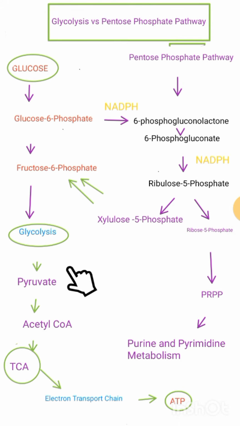pyruvate, which can be broken down to acetyl-CoA, which can combine with oxaloacetate in the TCA cycle to produce FADH2, NADH, GTP, carbon dioxide, and then the FADH2 and NADH will go into the electron transport chain, donate electrons, and thereby generate ATP. And the body is going to have both the ATP and NADPH.